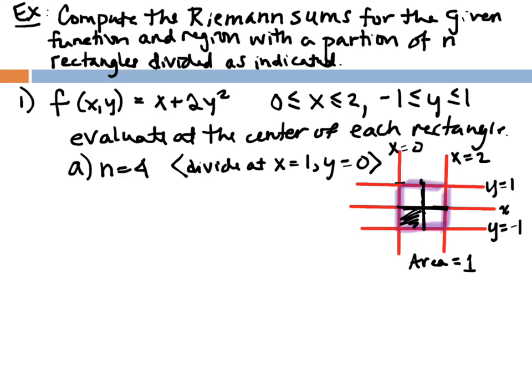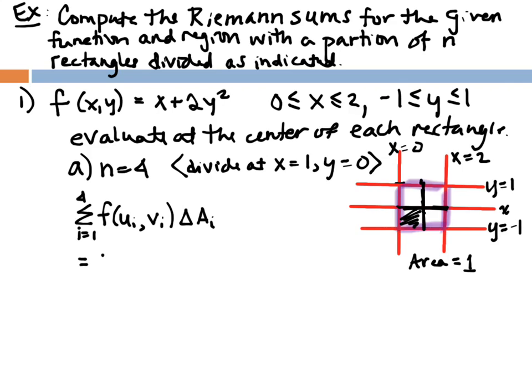All right, so here's what we're going to do. We are supposed to be finding the summation from i equal 1 to 4 of our function evaluated at midpoints, u sub i, v sub i, times delta A sub i. What we really do in practice is add up all the heights, and then multiply that by the area, because all the areas are the same.